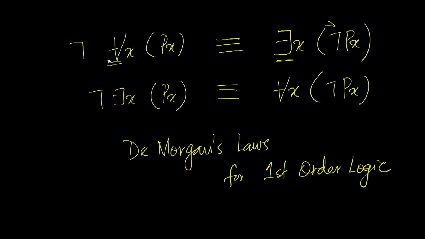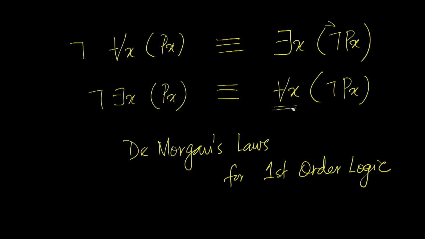Similarly, when the negation travels over an existential quantifier inside the parenthesis, it converts the existential quantifier into a universal quantifier.